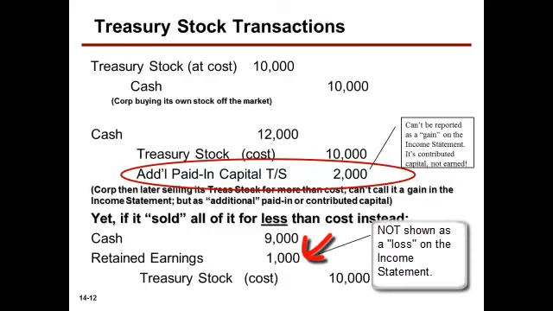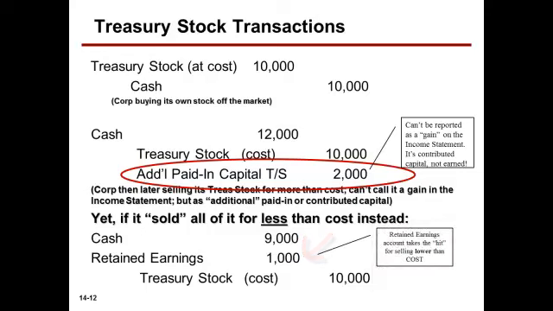In effect, the retained earnings account takes the hit for selling the treasury stock at a price lower than its original cost. Had there been a previous additional paid-in capital treasury stock account with some credit balance in it, that might absorb some of the losses from later sales. But if there is none, the debit all goes directly to retained earnings if the corporation sells treasury stock for less than the cost.